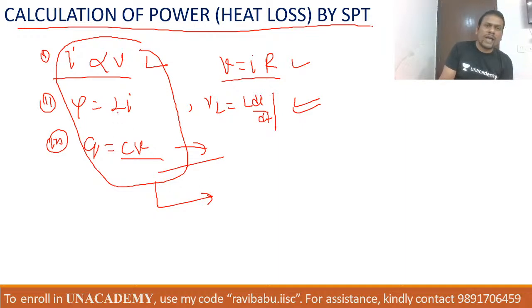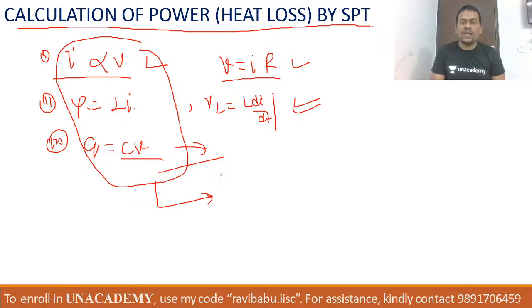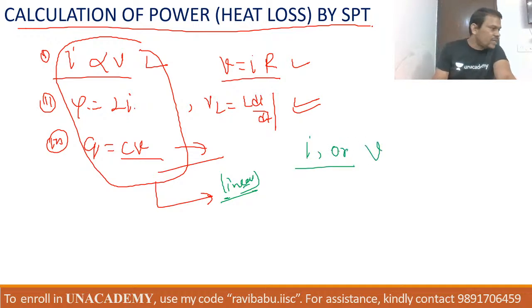So see beta, I proportional to V or psi is equal to Li or Q is equal to CV, all are linear equations. Please mind it beta, all are linear equations. It means the most important point beta, we can calculate current or voltage. Yeah, very nice beta, linear one.